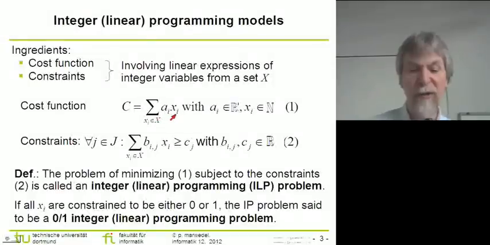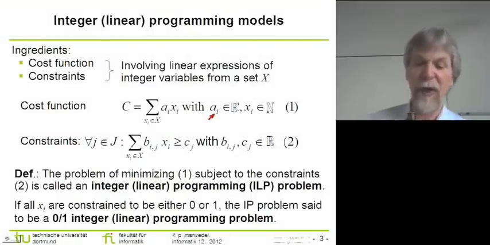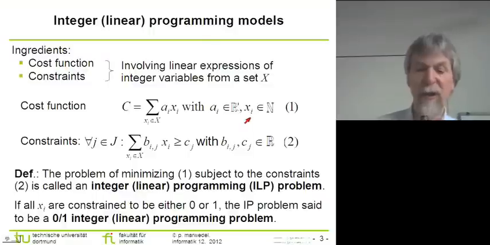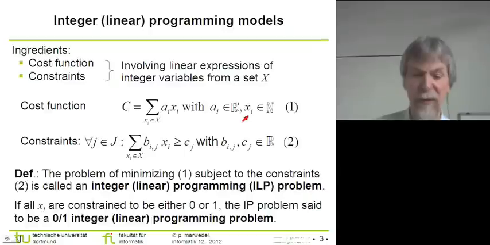So we see that in this case we have a linear expression in these variables. The coefficients in this case are real coefficients, whereas for the time being we assume that these variables are natural numbers. We can generalize this to integer numbers very easily, and later on we will also consider real numbers here.